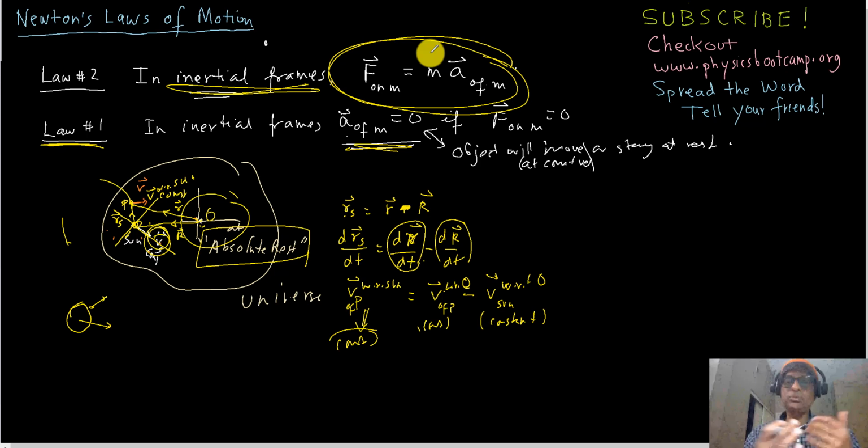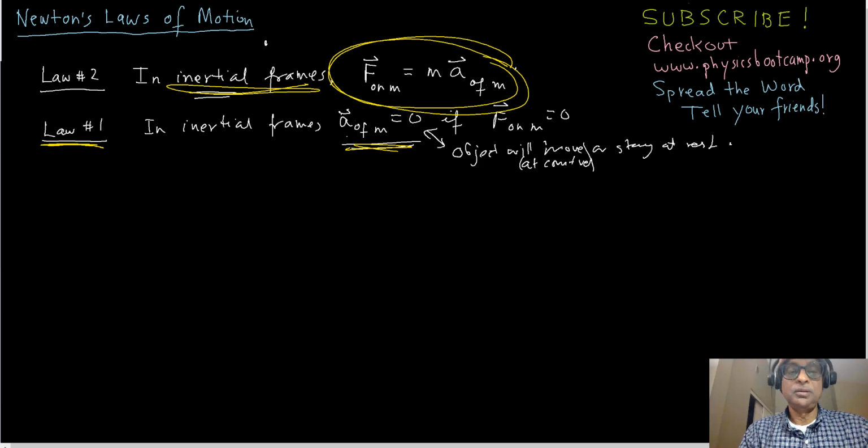So it's supposed to be true only in inertial frames. We can talk a little bit about what happens in a non-inertial frame in just a minute. Before we do that, let's finish up the discussion of law number 3.